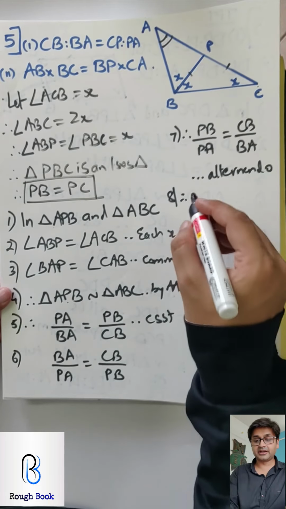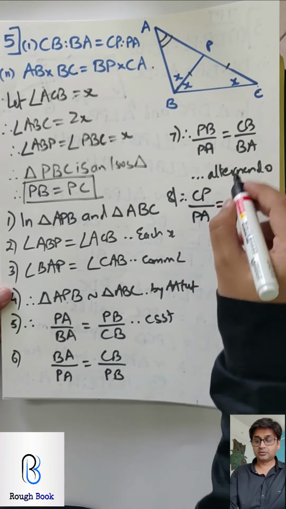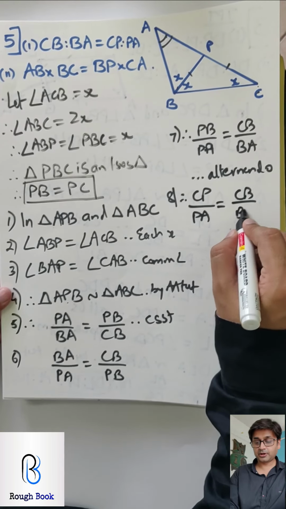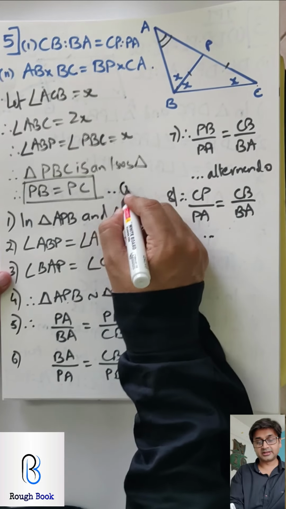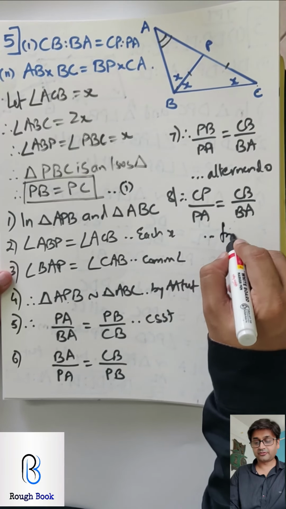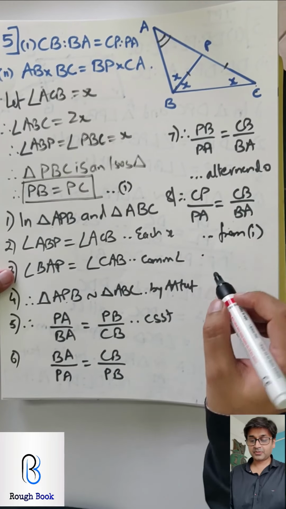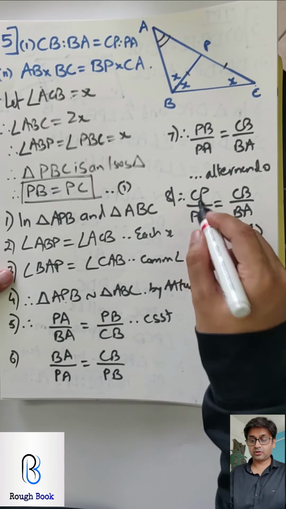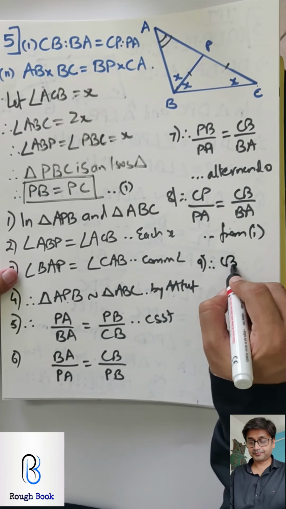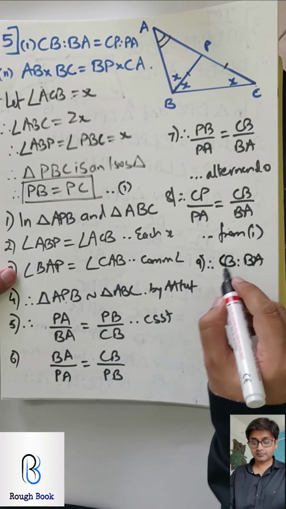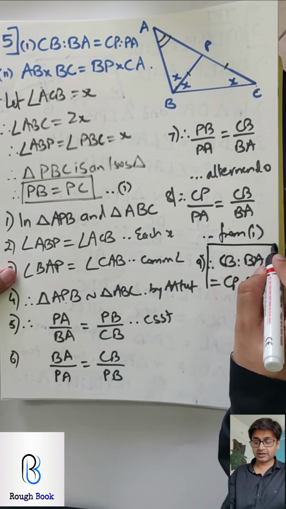So for PB, I am writing it as CP upon PA equals to CB upon BA. Reason you can write from 1. Write this as small 1 with a dot. So from 1, we could change CP as PB. So finally step 9, therefore CB ratio BA is equal to CP ratio PA. There you go with that one.